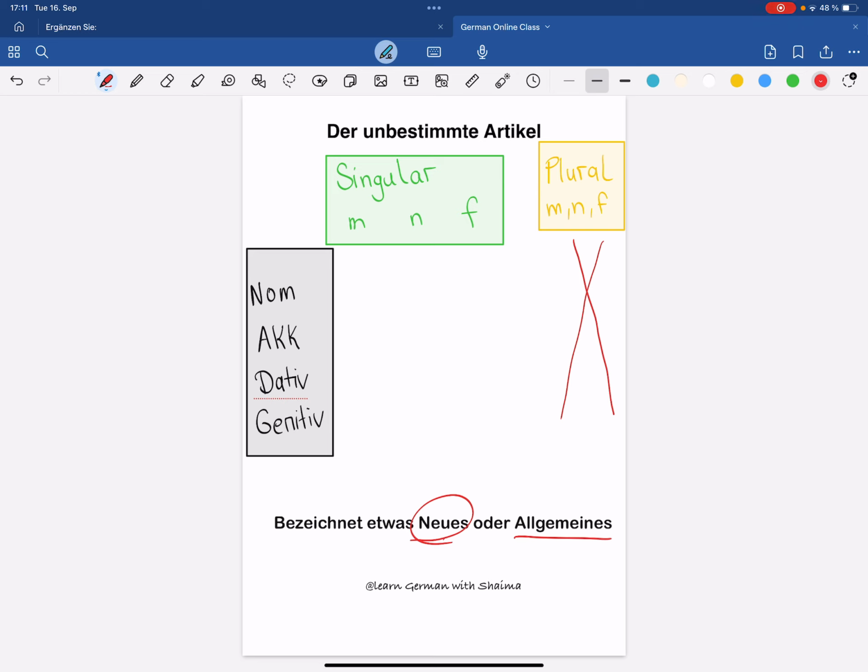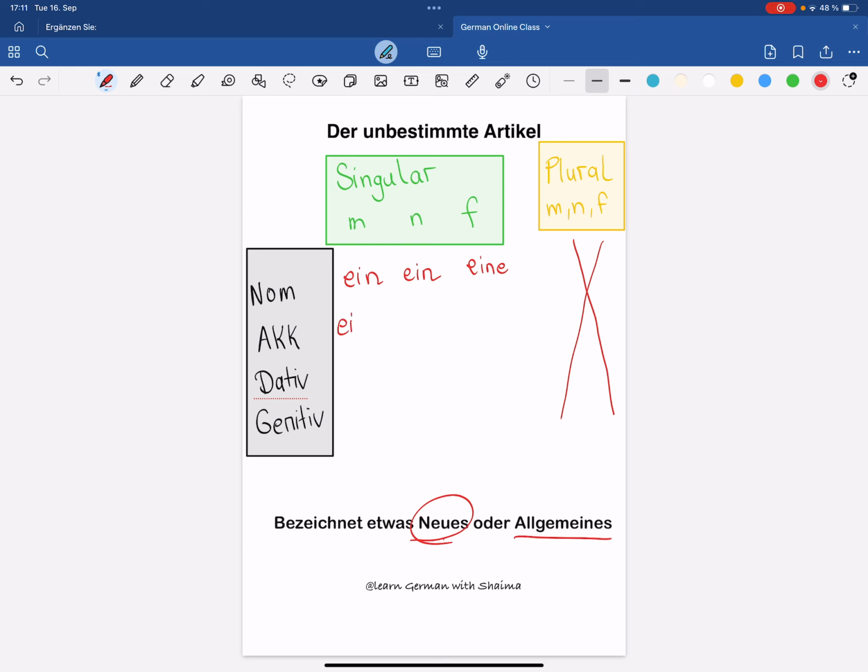In nominative, the masculine is ein, neutral is also ein, and the feminine is eine. So you have ein Mann, ein Kind und eine Frau: a man, a child, and a woman.